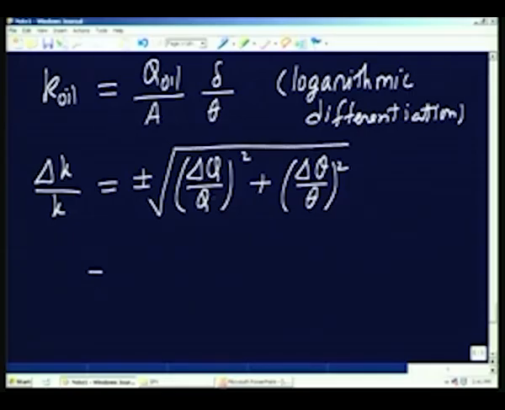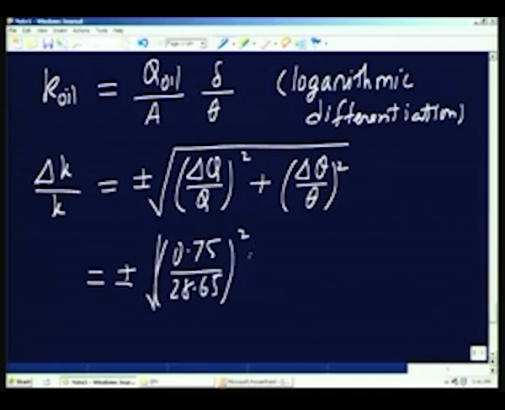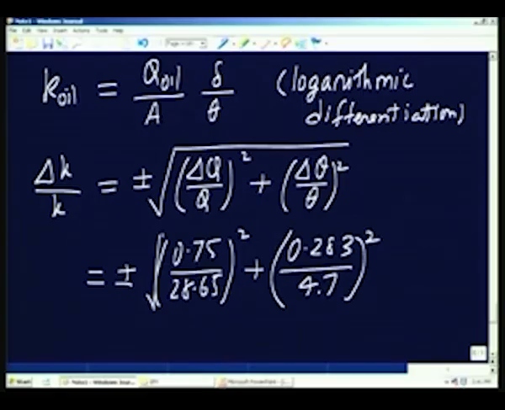So, this will be plus or minus square root of delta Q is 0.75 divided by 28.65, which is the estimated value of Q, whole squared, plus delta theta by theta is 0.283 divided by 4.7 whole squared. This will give you, if you want you can multiply by 100 to get the percentage value. So, this will be 6.6%.